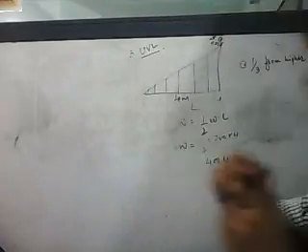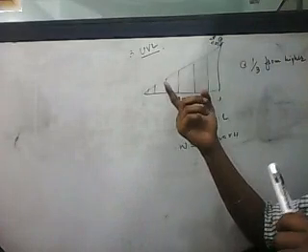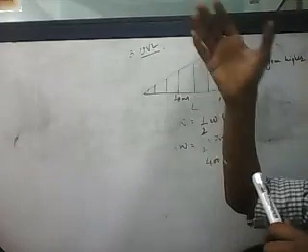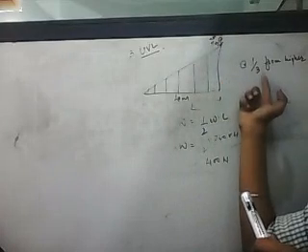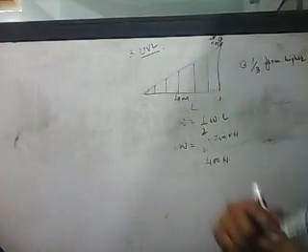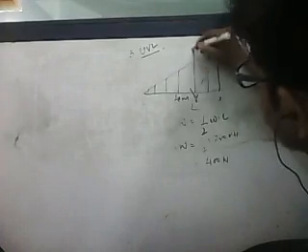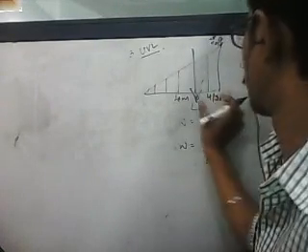Just like the previous case, the force was acting on the mid of the length, and in this case, it is acting at one third from the higher end. Means like here, it is 4 upon 3 from this side.